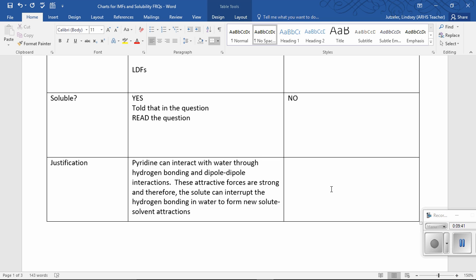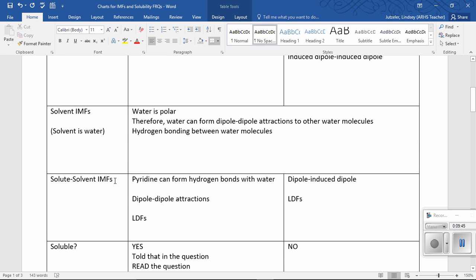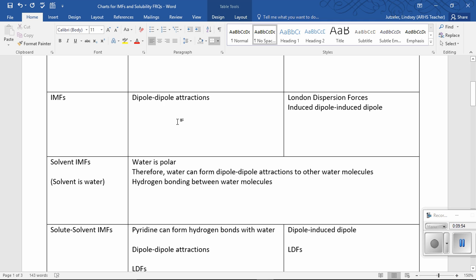Okay. This right here has to be as strong or stronger than the IMFs within the solute and the IMFs within the solvent.